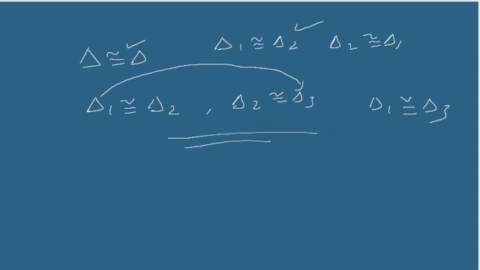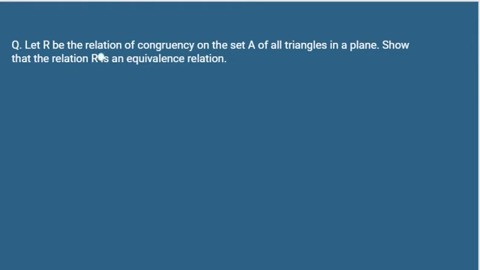So let us read the question here. Let R be the relation of congruency on the set of all triangles in a plane. Show that the relation R is an equivalence relation. So there is a given non-empty set A, and what is the speciality of the set? Set A is equal to all those triangles. Say, for example, I'll write triangle 1, triangle 2, etc. Let A be a set of all triangles, and R is a relation.